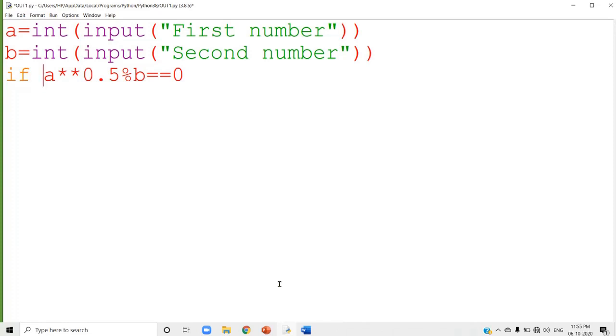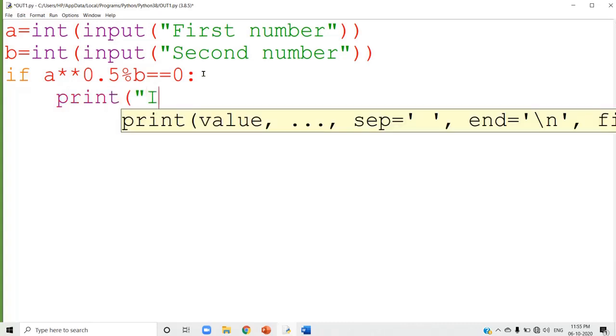That means first A raised to 1 by 2 will be calculated. That will calculate root of A, and you will get the answer. That answer percentage B will be calculated. And if it is equal to 0, then it is divisible. You can say print it is divisible.